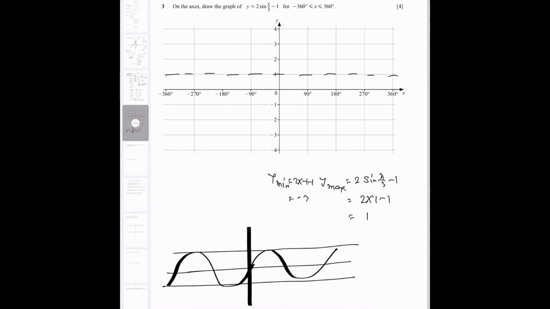Okay, then the minimum value is minus 3. And if x is 0, then y equals 2 sine 0 minus 1, so this is minus 1, so y is minus 1. We can identify this as the first point.